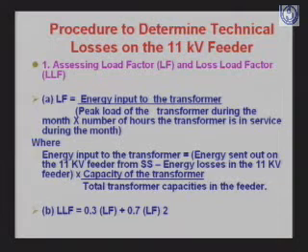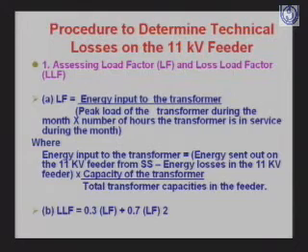Now, how do we know the energy input to the transformer? This can be measured on the primary side if a meter is there. If a meter is not there, and transformers are running in parallel operation, kindly note that this concept is not very clear in your book, but if you follow this method, the transformers have to be in parallel operation. Energy input to the transformer is equal to energy sent out on the 11 kV feeder from the substation minus the energy losses in the 11 kV feeder.